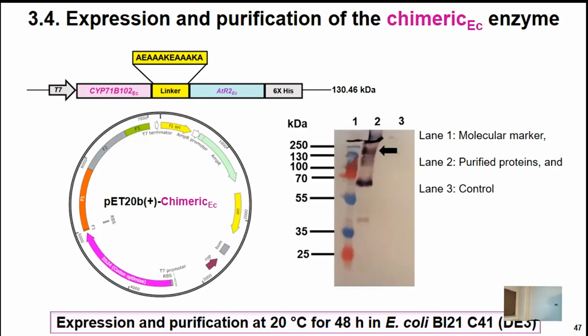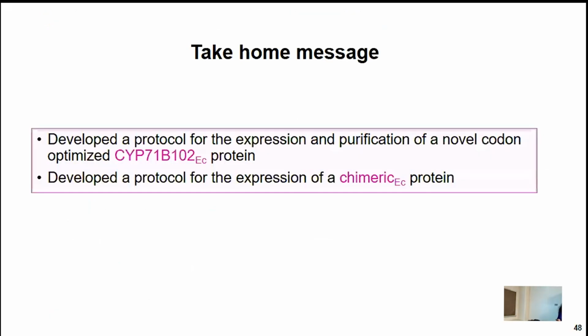This band over here confirmed the expression of the protein, but we had the same problem of fragmentation, and this pattern looked similar to that of ATR2. We were able to purify the codon optimized P450, and we were only able to express the chimeric protein.